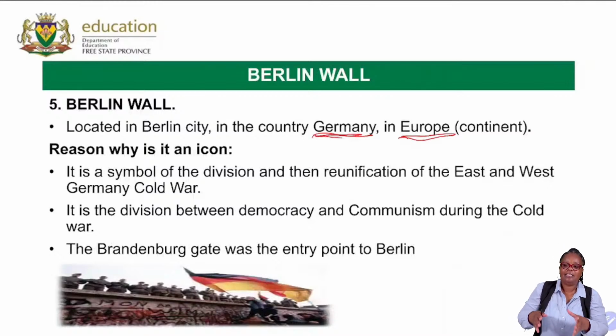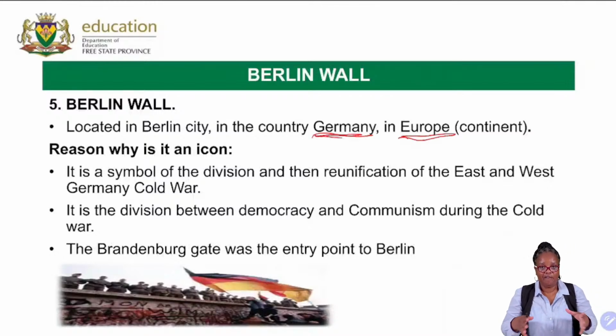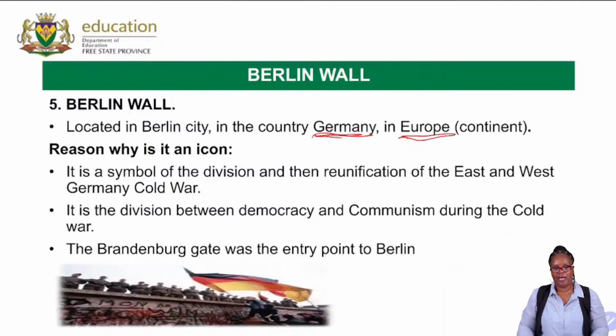The Berlin Wall is a symbol for that division of Germany into 2 parts during the Cold War. There's the East and the West. Then you have to know that when you talk about the division between the East and the West, we talk about the division between democracy and communism during the Cold War.